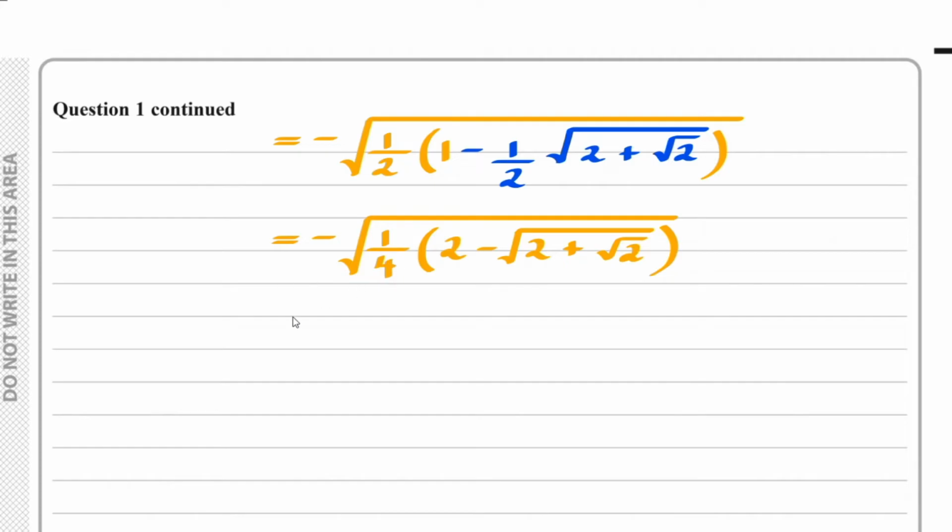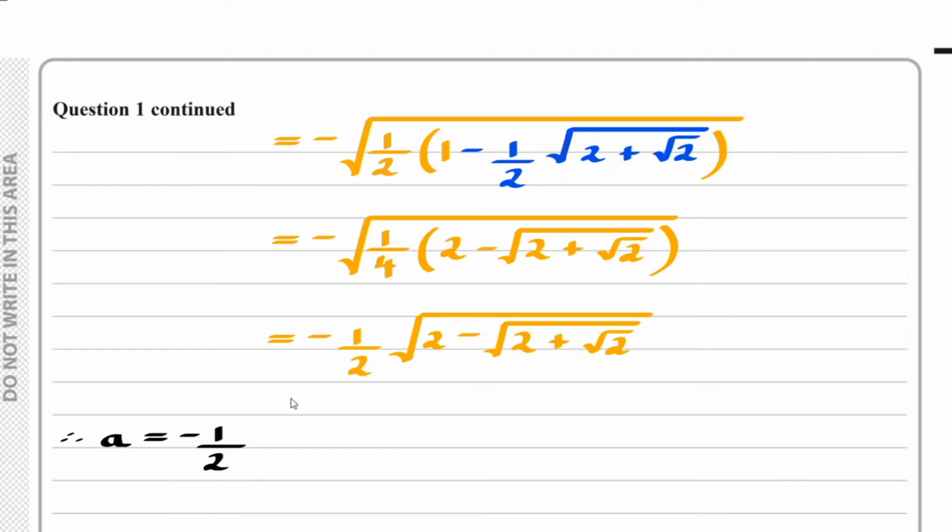And so we have negative 1/2 multiplied by the square root of 2 subtract the square root of 2 plus root 2. We can conclude from this that a is equal to negative 1/2, b is equal to 2, and c is equal to negative 1.